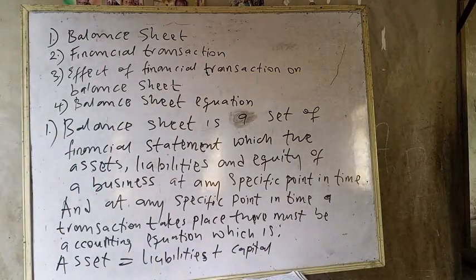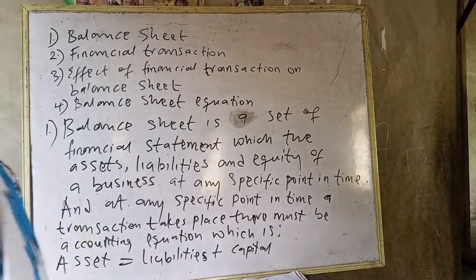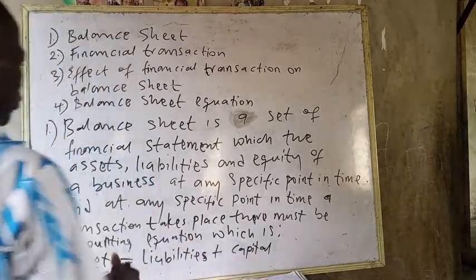At every point in time that a transaction takes place, assets must be equal to liabilities plus capital. That is what we are going to demonstrate today.